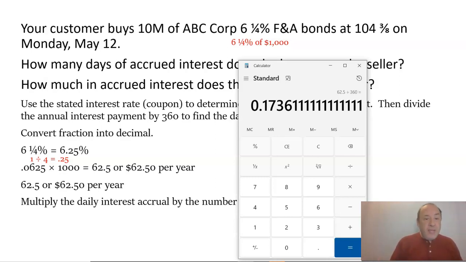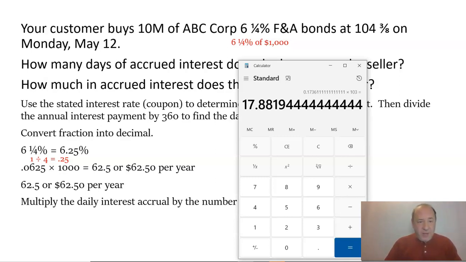So I'm not going to clear my calculator. Now I'm going to take that number and multiply it by the number of days of accrued interest, 103. And we come to, rounding off to the nearest penny, $17.88 per bond. So the buyer owes the seller $17.88 out of the next interest payment for the 103 days of accrued interest on the bond.